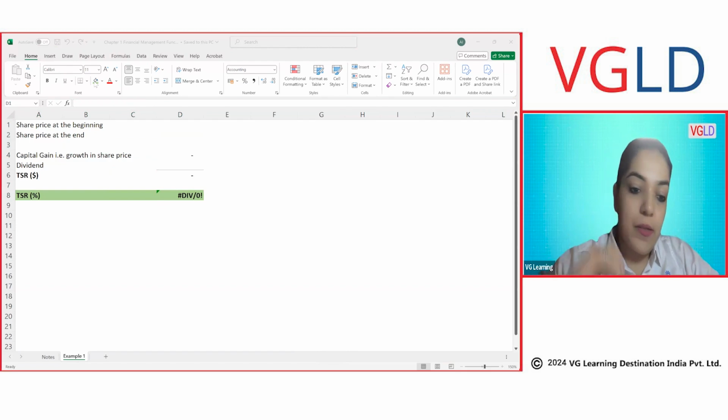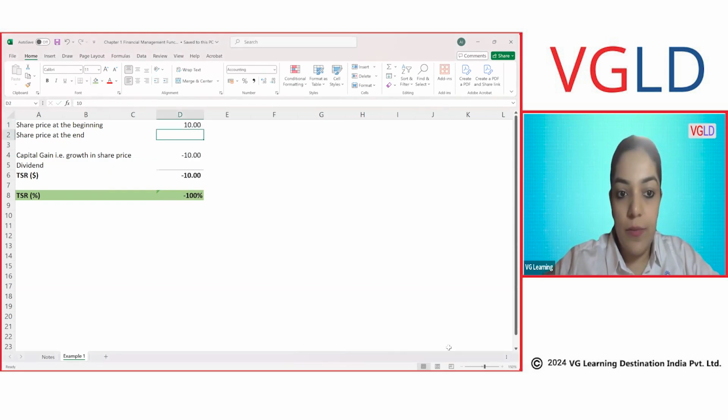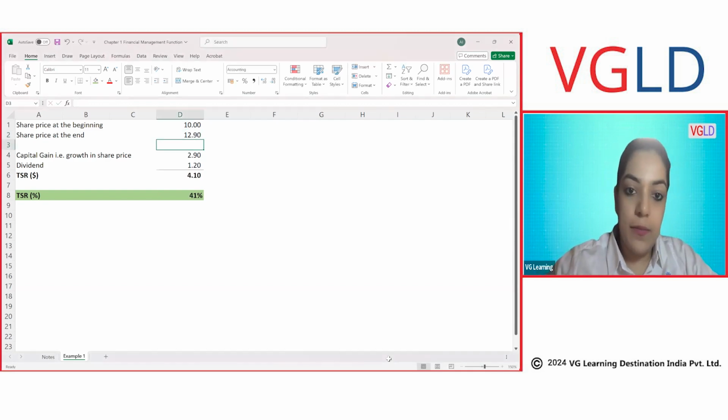Share price at the beginning is 10. So, the investor purchased 100 shares at the market price of $10. During the year, the investor received a dividend of $1.2 per share, and at the end, the share price has become 12.9. So 10 has become 12.9.